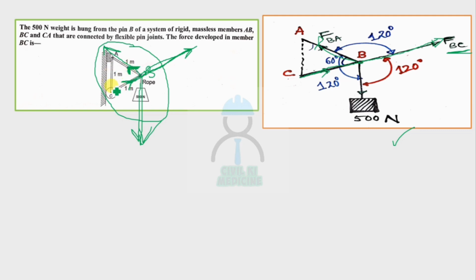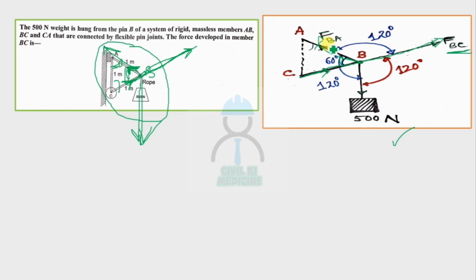That means it is an equilateral triangle because all sides are equal. Therefore, the angles will be equal, 60 degree each. So the angle between line BC and AB will be 60 degree.